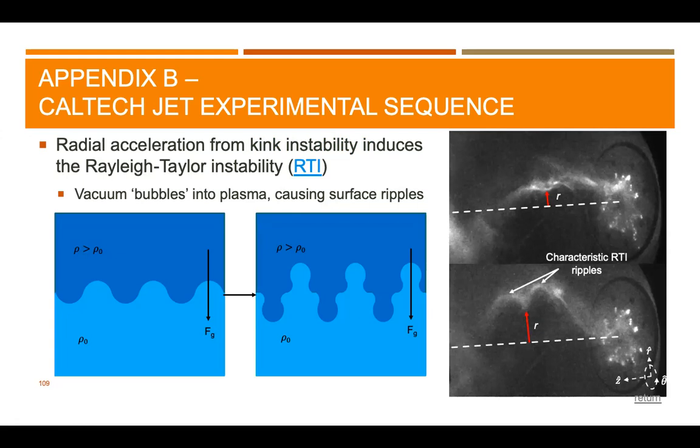And this is not a perfect vacuum. In fact, it's an experiment, nothing is perfect. So this is roughly, I think, 10,000 times less dense than atmosphere, and this is 100 times less dense than atmosphere. So we basically have a super dense fluid on top of a super light fluid. So that's how that works.